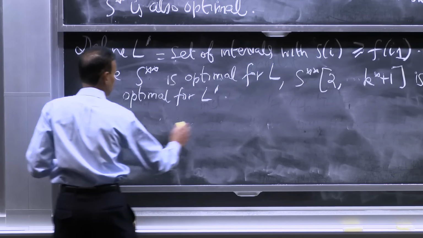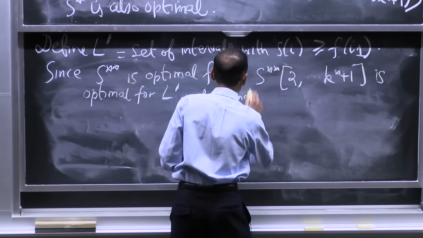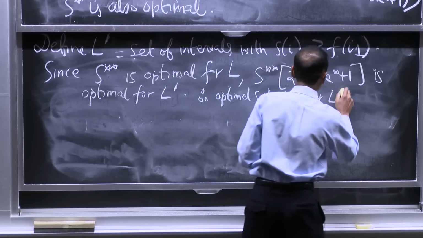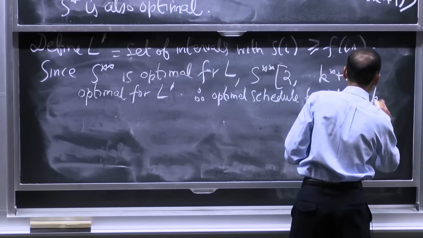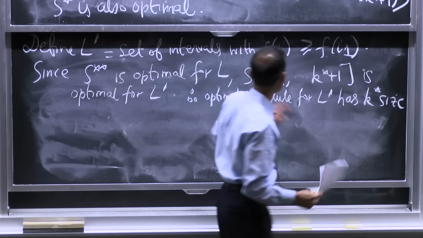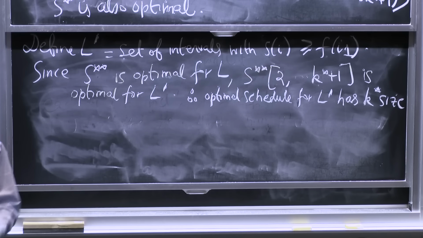And so what this means, of course, is that the optimal schedule for L prime has k star size. Right? I'm starting with k star plus 1. I've taken away 1. So now I have L prime, which is a smaller problem.